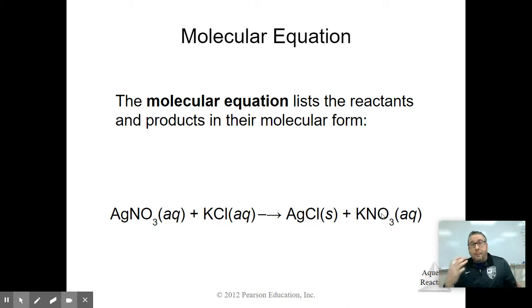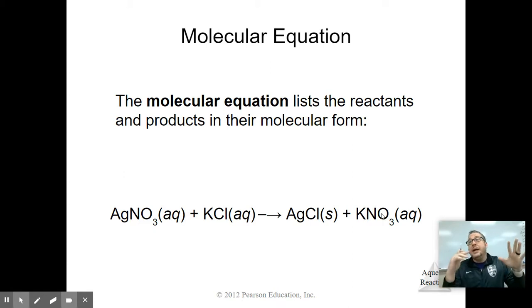But what we're focusing on today is creating what is called a net ionic equation. What that means is we're taking these metathesis reactions and we are going to dissociate what can be dissociated.